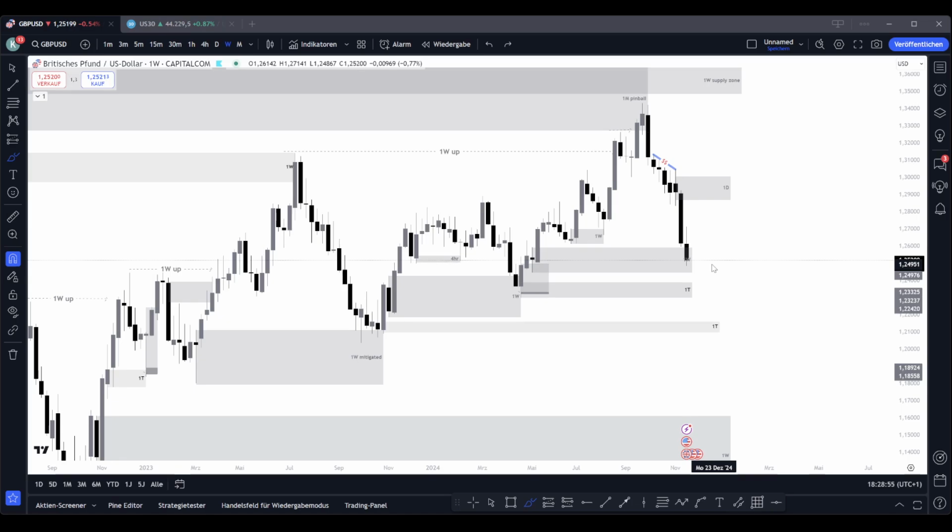So for this market forecast, people should take my word for it. We will be able to look for some reaction here to try to get some buying opportunities to the upside because price has reached our zone. So that's all, guys. Thanks for watching. It was a short and simple video, and it was a market focus on GBPUSD.